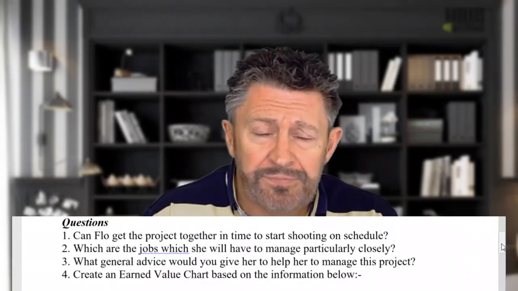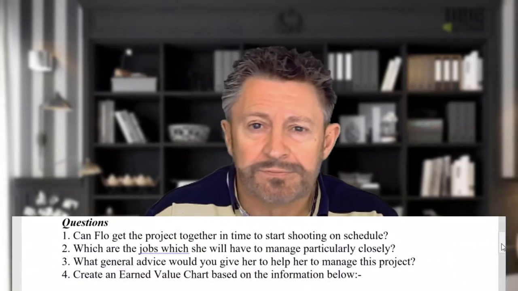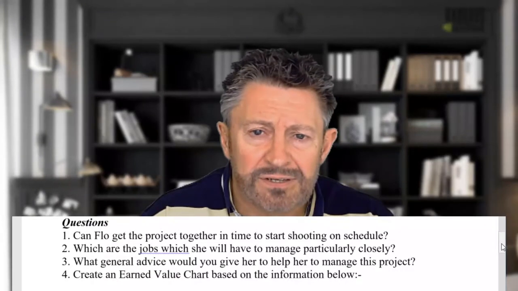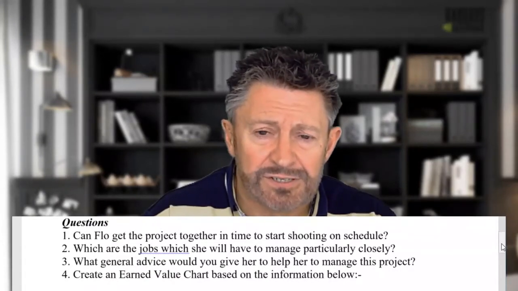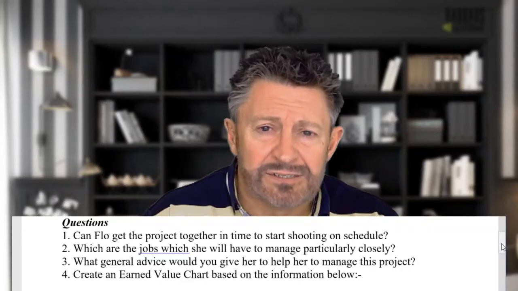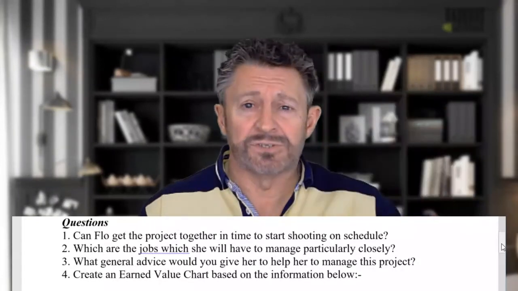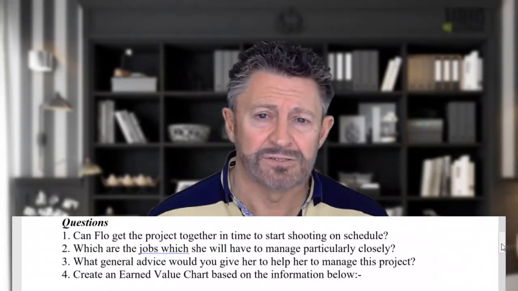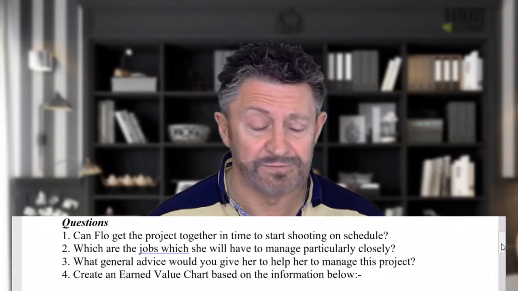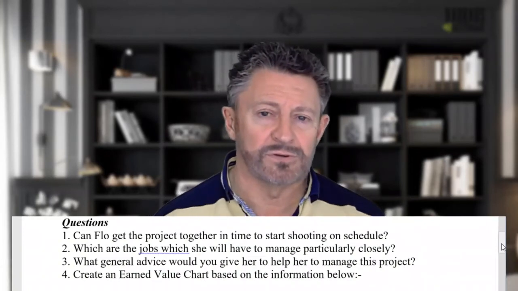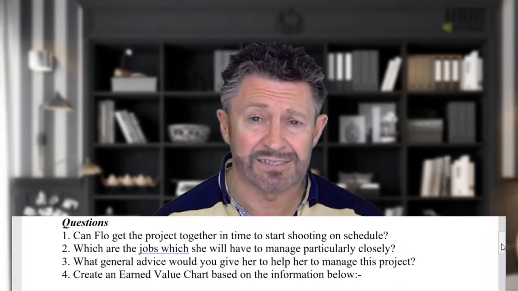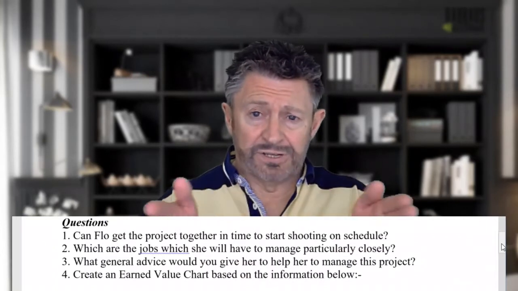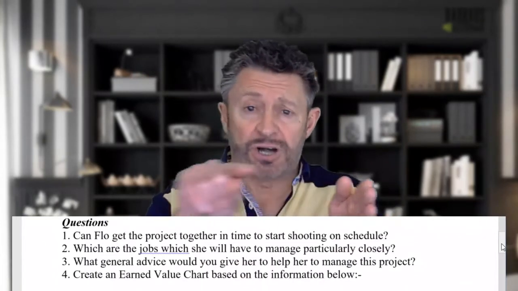If you go into your Moodle page, and under the assessments, you'll actually find an Excel spreadsheet, and it has a list of all the tasks in sequence that have to be done, with earned value calculations on it. So what you can do is take that. There might be some other information in there. It can't be overly explicit, but if you look at all the information in the assessments folder, you can create in Excel a Gantt chart, essentially.